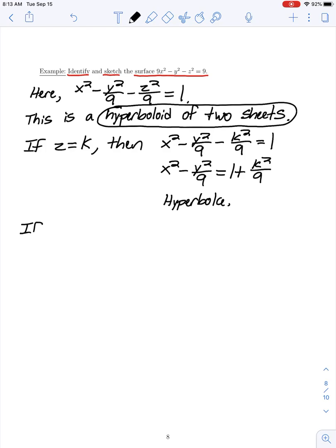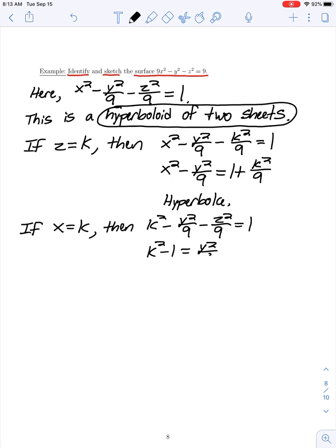So let's look at our traces in other planes. If we're considering something of the form, let's say x equals k, then our equation would be of the form k squared minus y squared over 9 minus z squared over 9 is equal to 1. Or rewriting this, we would have k squared minus 1 is equal to y squared over 9 plus z squared over 9.